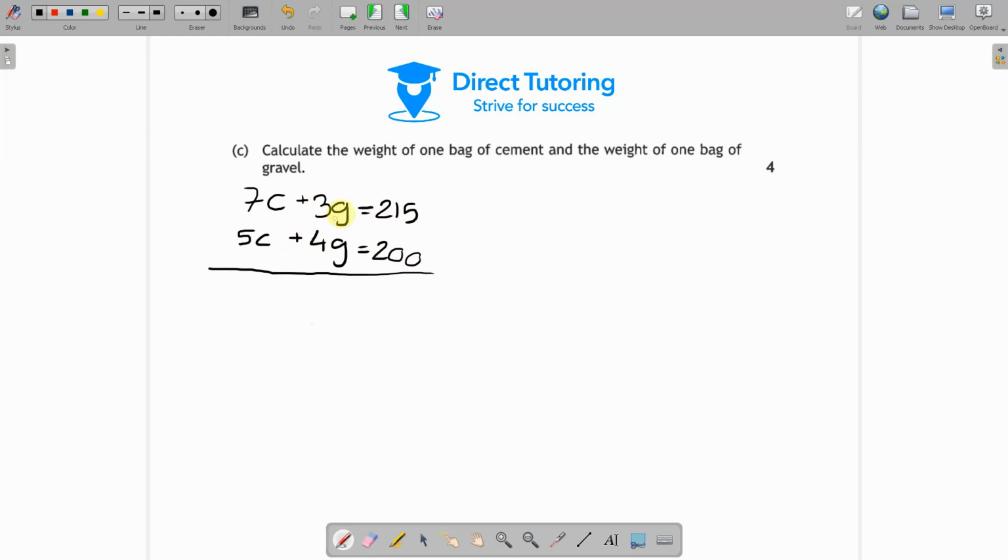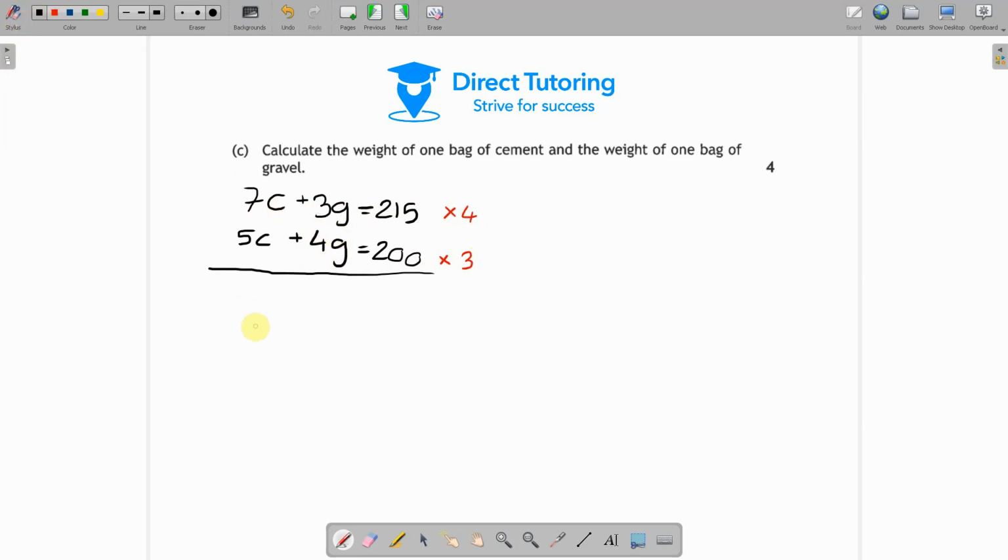Now we need to get rid of one of these variables. Now the variable that's easier is the g. So in order to do this, we need the g values to be the same. So if we multiply the whole top equation by 4, and the whole bottom equation by 3, that will make the g's the same value.